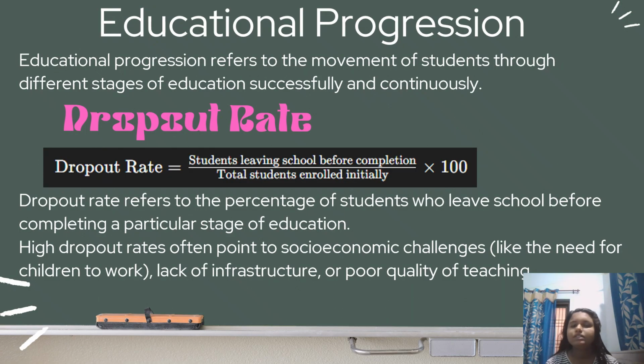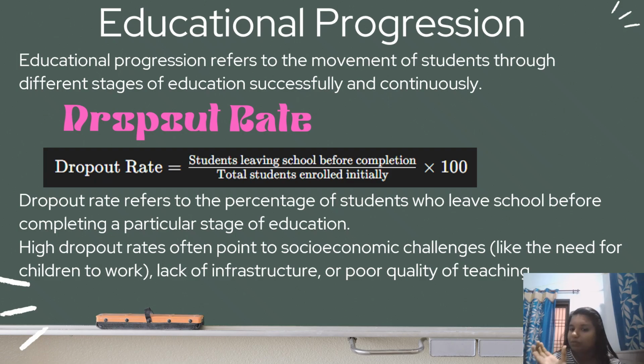Next one is educational progression. Educational progression refers to the movement of students through different stages of education successfully and continuously.